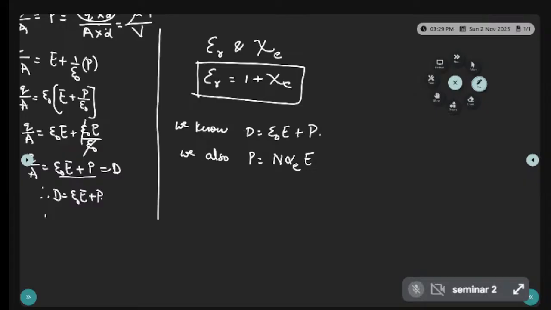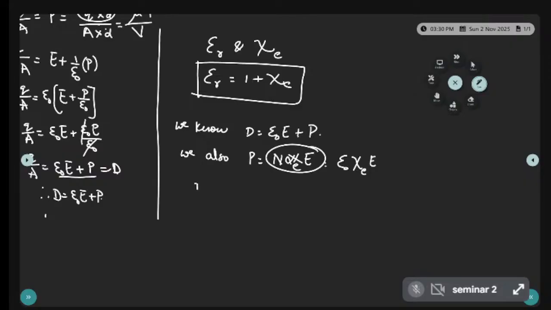Or one more expression: P is equal to epsilon naught alpha E. In terms of susceptibility, P is equal to epsilon naught psi of E into E, the polarization vector.